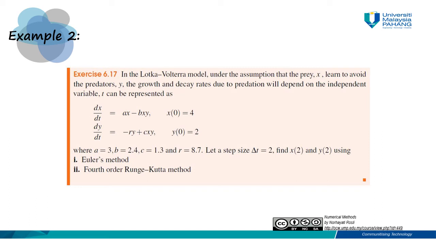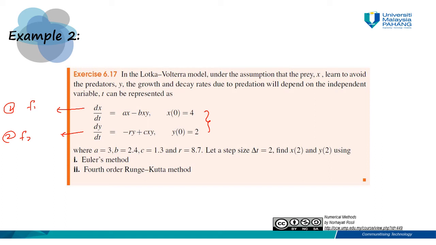Example 2. This is an exercise from our module. Solve the system. We have two differential equations. This is equation 1, which will be our F1, and this is equation number 2, which will be our F2. Our equations are in terms of x, y, and t, and this is our initial condition given to us.